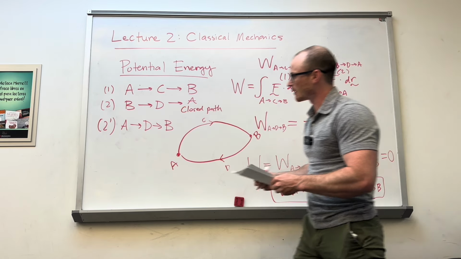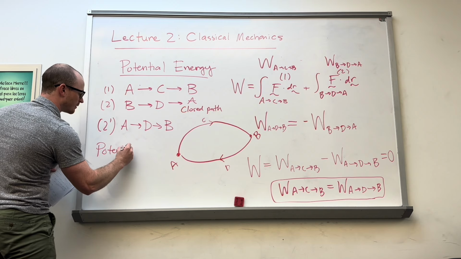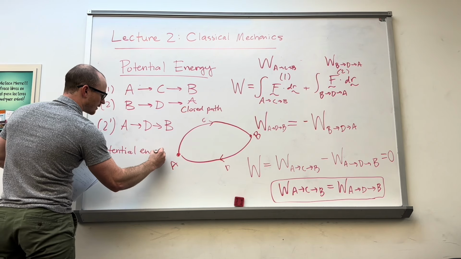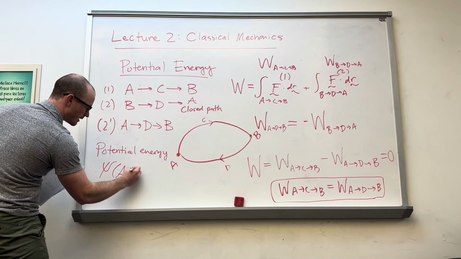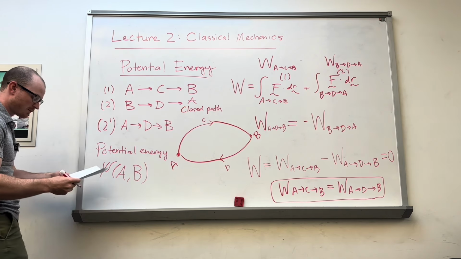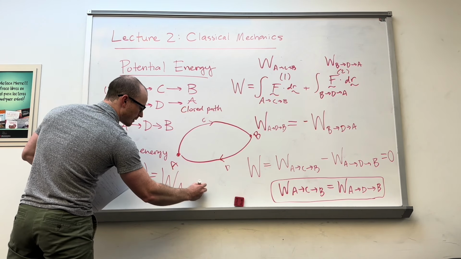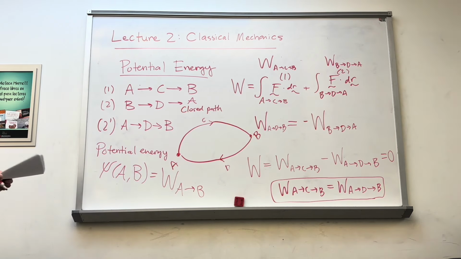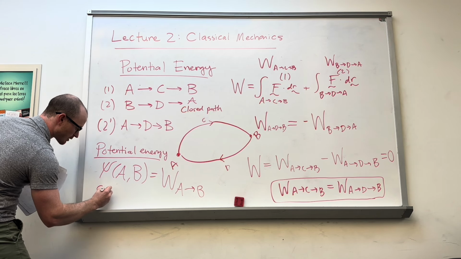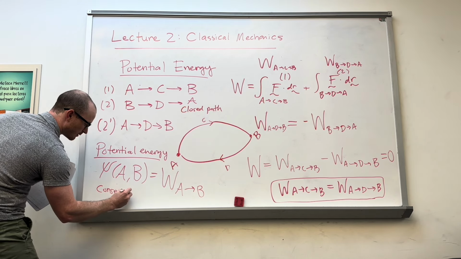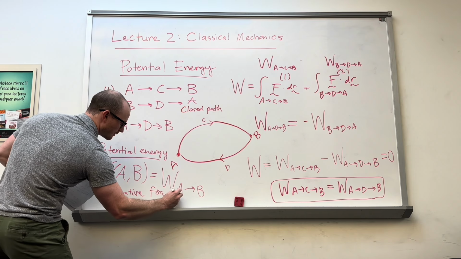So I'm going to write it here. The potential energy, and we're going to call it psi, from A to B is defined as the work that it takes to go from A to B. And of course, this is for a conservative force field.